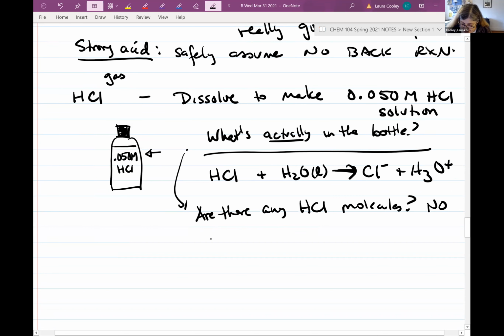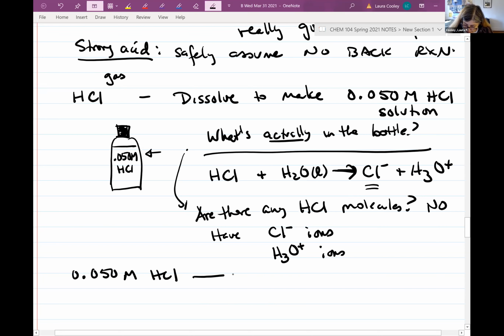Okay, so what is there is you have chloride ions and H3O plus ions. And what is the molarity of chloride ions that you have in the bottle? If you start with 0.050 molar HCl, you end up with 0.050 molar Cl minus and 0.050 molar H3O plus.